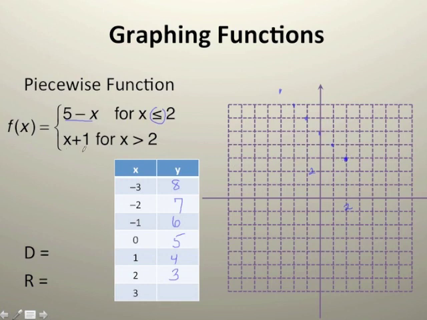Now it's x plus 1 if x is greater than or equal to 2. So 3 plus 1 would be 4. 4 plus 1 would be 5. So 4 and 5. Now, if I did 2 plus 1 using this for the greater than, which you need to check, so if x equals 2, this would be 3. If it wasn't already a dot, I'd put a circle there.